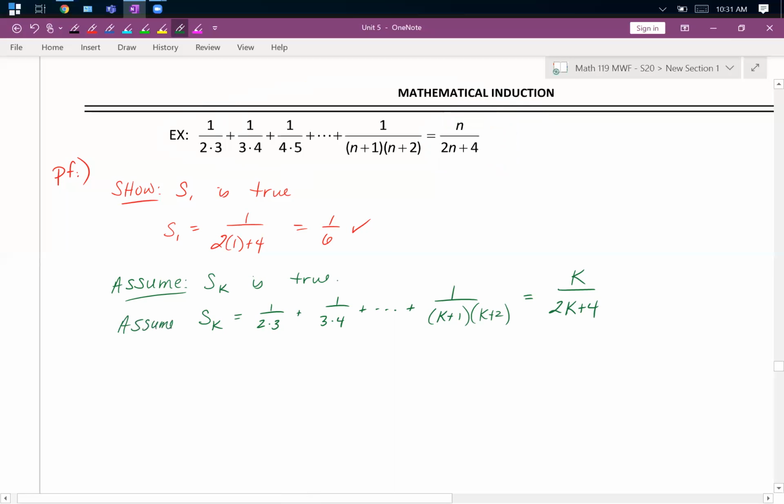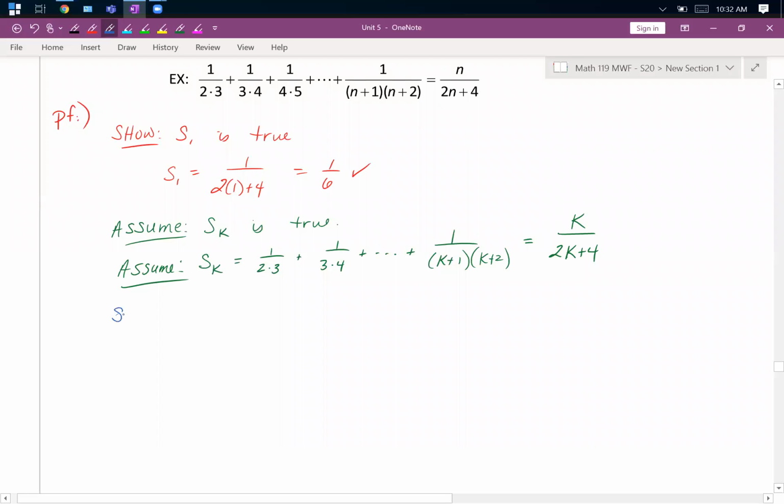After assuming that this is true, we want to show that S sub k plus 1 is true. So that means that we want to show that S sub k plus 1, which is equal to 1 over 2 times 3 plus 1 over 3 times 4 plus 1 over k plus 1 times k plus 2. Now remember, that's the kth term. That's not the k plus 1 term.